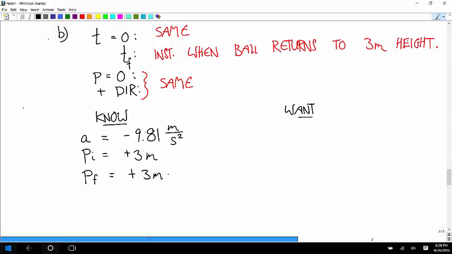We're looking for when it returns to that same position. Do we know the velocity at time equals 0? Yep. So V initial is positive 10 meters per second. Do we know the velocity at time final? That's what we're trying to find.